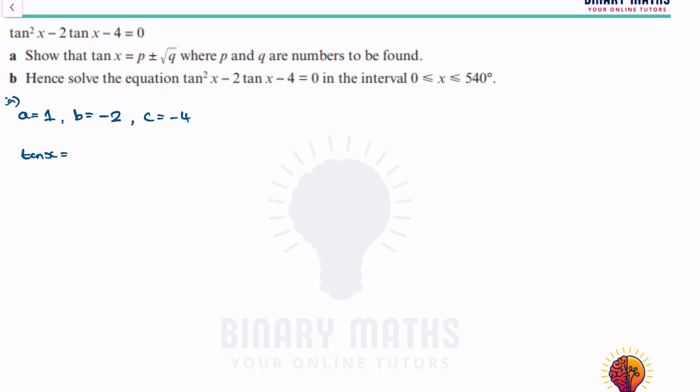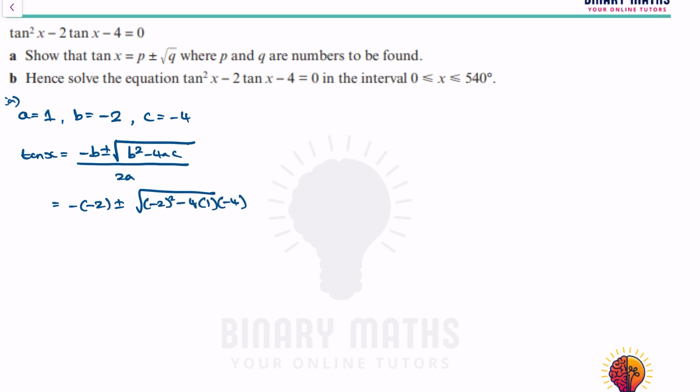So tan x will be equal to minus b plus or minus root of b squared minus 4ac all over 2a, which means it's going to be minus minus 2 plus or minus root of minus 2 squared minus 4 times 1 times minus 4 all over 2 times 1, which means you get 2 at the top for the first term, 2 at the bottom there.